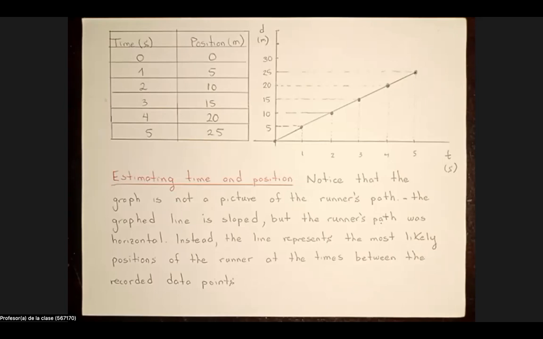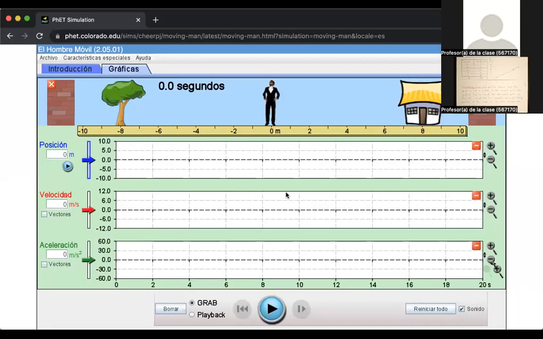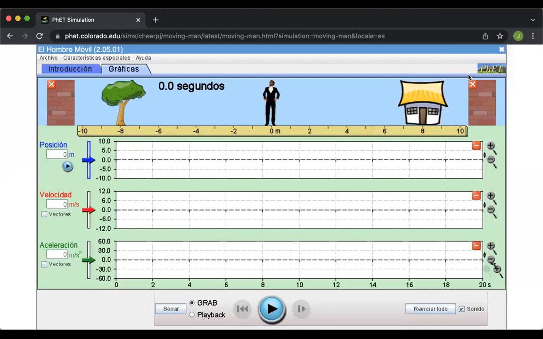I can share my screen with you. Okay, here we have the runner, the man. I'm gonna give him a velocity of 1.5, for example. Okay, 1.5 to the left.